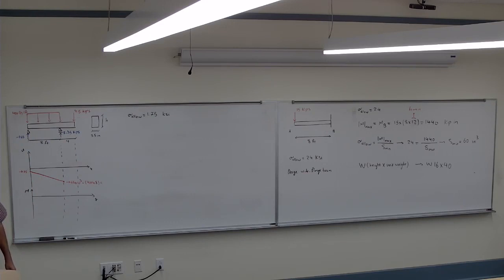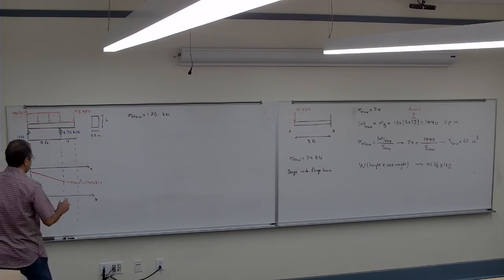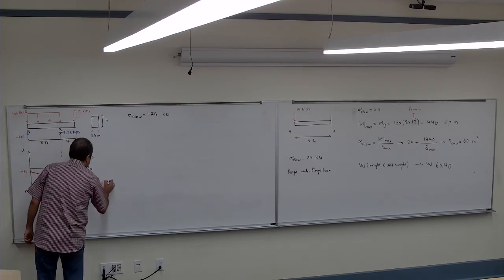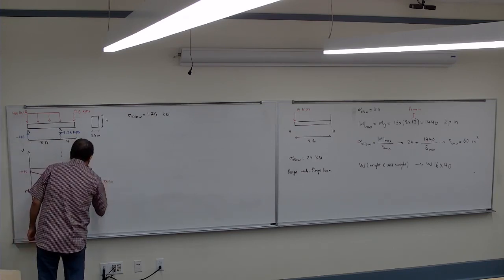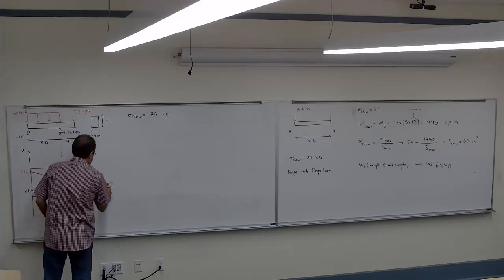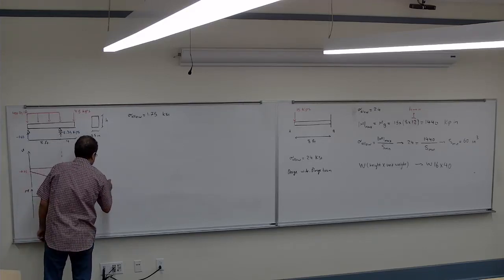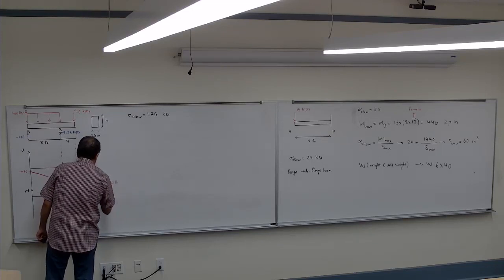I think about 3850. It's about negative 3850 pounds, which would be negative 3.85 kips.